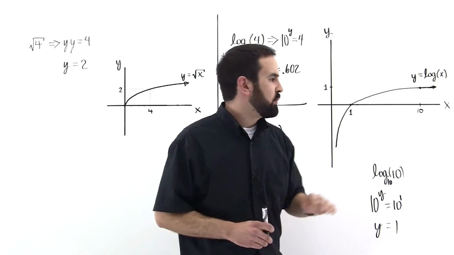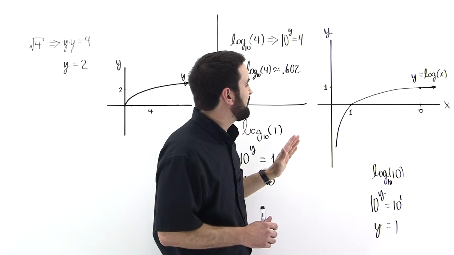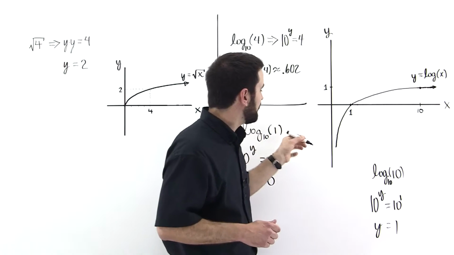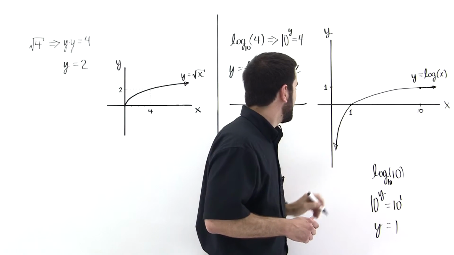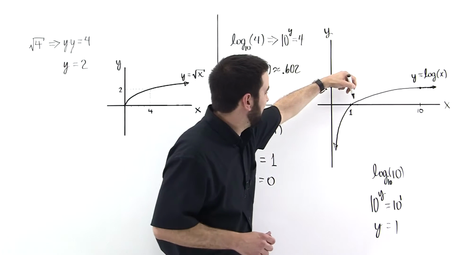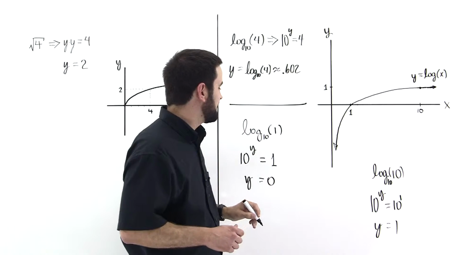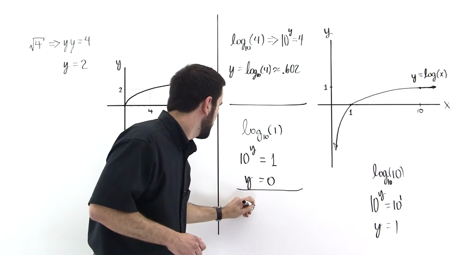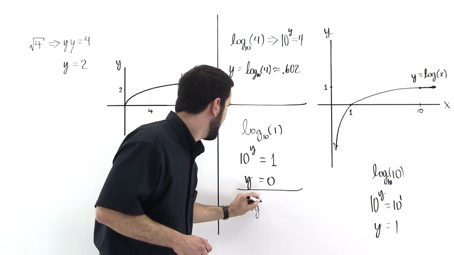Now incidentally, the log of 0 is undefined because the graph is asymptotic at the y-axis, and the log of 0 is undefined.